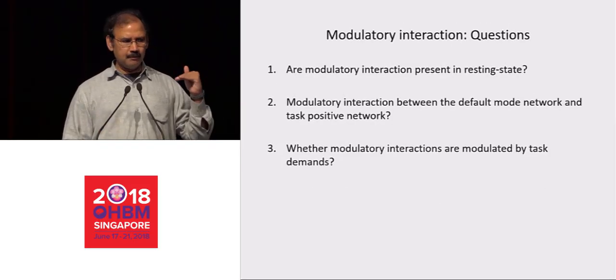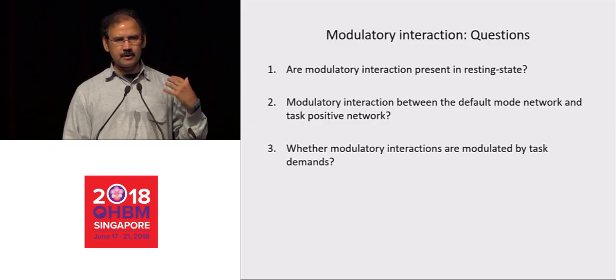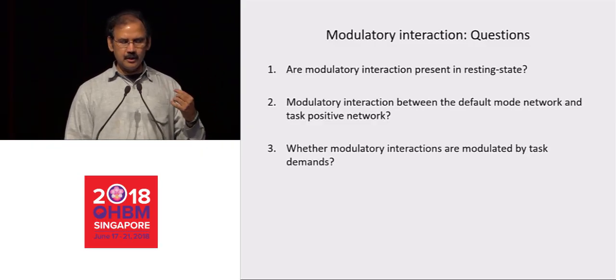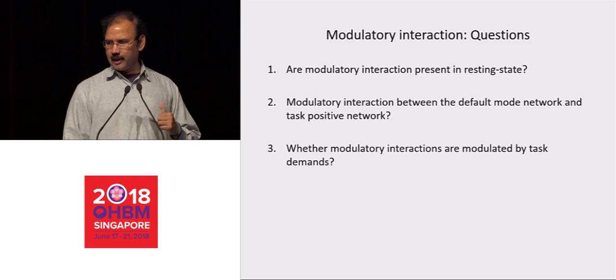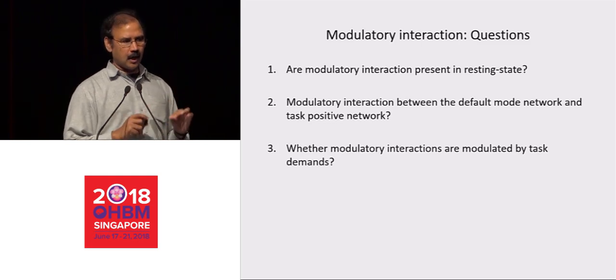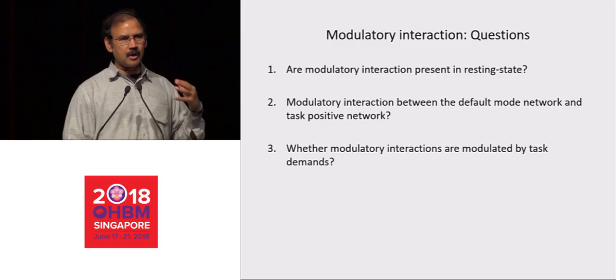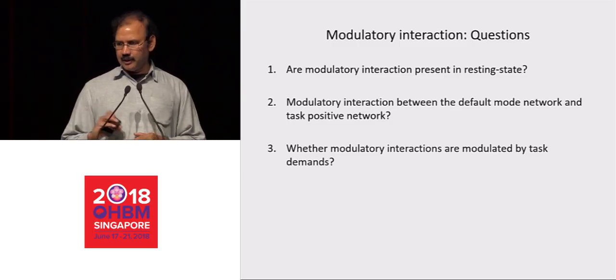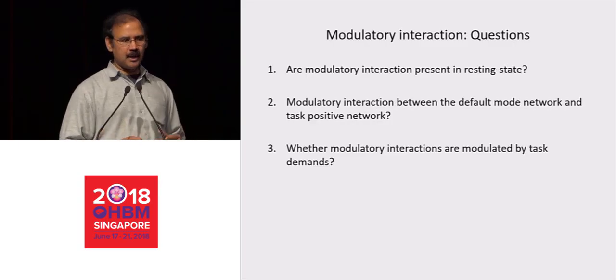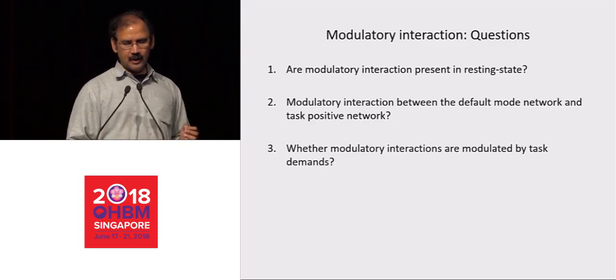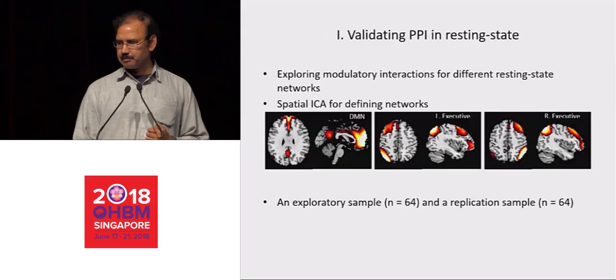For this, we first wanted to see whether there was indeed an interaction in resting state. Secondly, whether this was present between different resting state networks. And finally, whether these modulatory interactions could be modulated by task demands.